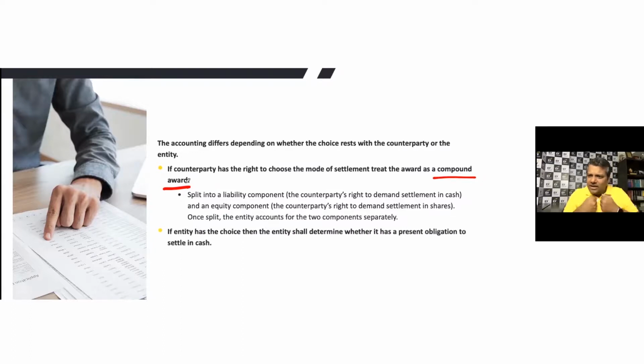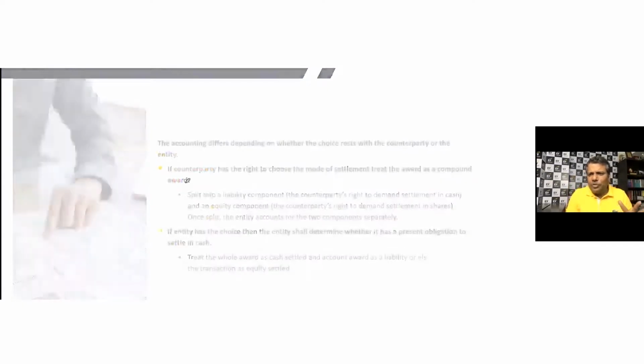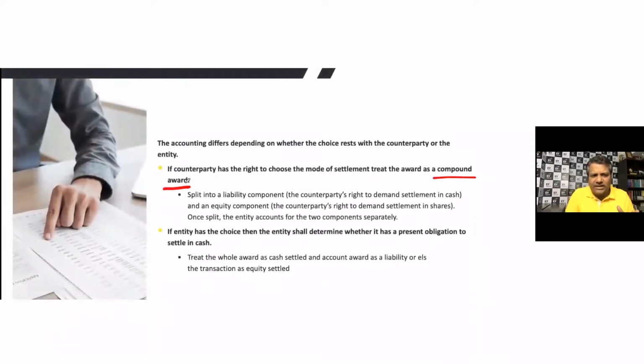Now, if the entity has the choice of settlement, then it is not a compound instrument, and I will go by my intention. For the portion of the arrangement which I believe I'm going to settle by way of cash, that will be cash settled.